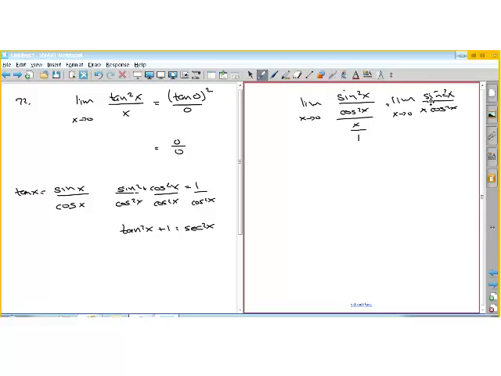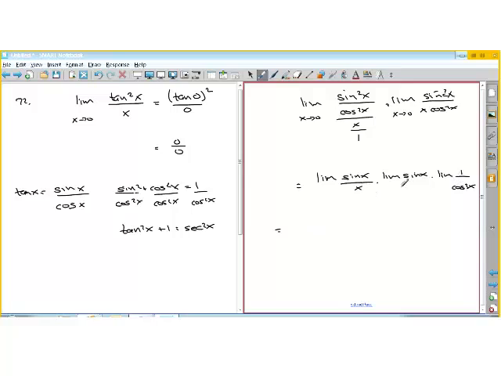Okay, so now what's happening? Can we use the squeeze theorem? Well, yeah, because what we can do is take one of these sine of x's. So what we'd have is the limit of the sine of x divided by x, so that's one of these, times the limit of the sine of x, times the limit of 1 over the cosine squared of x.